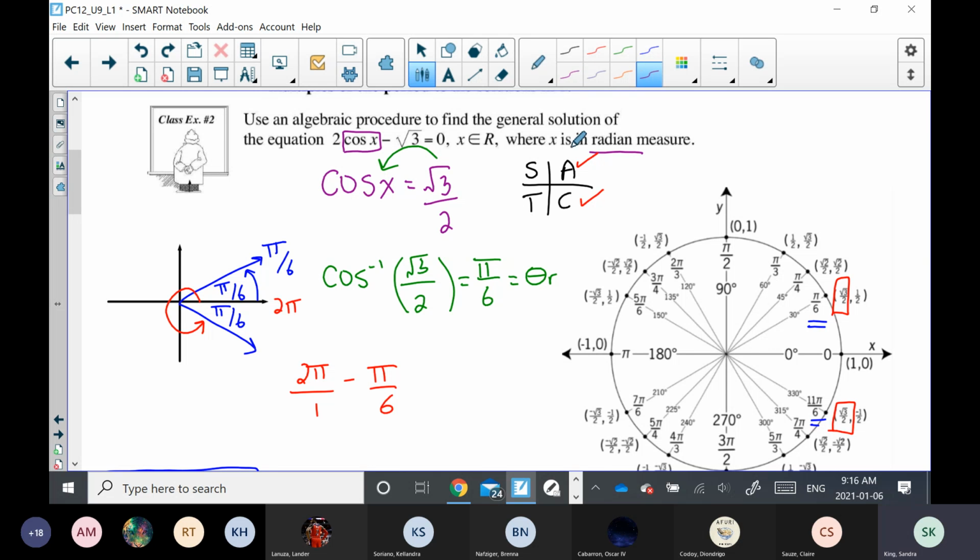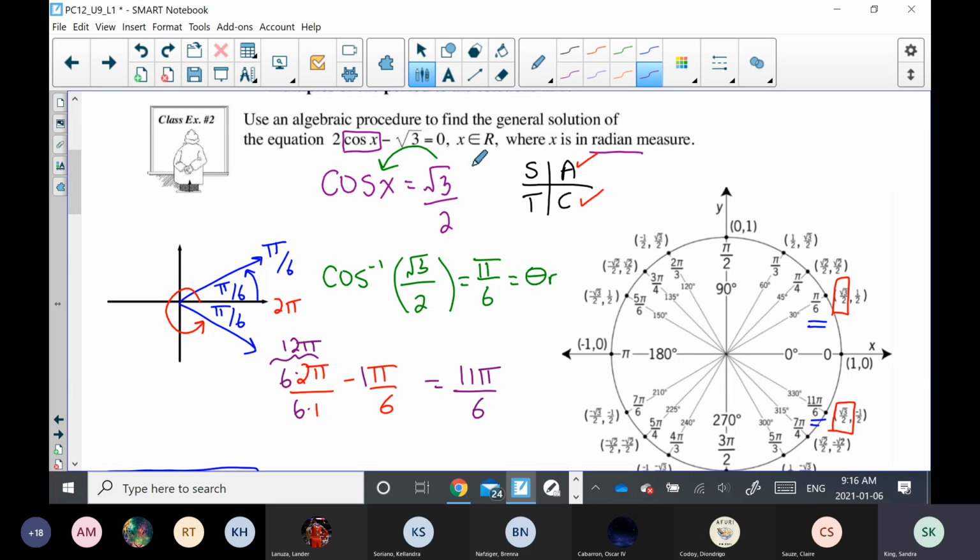We need to get common denominators, so multiply this by 6, multiply this by 6. 12 pi minus 1 pi is 11 pi/6. So that's how I would algebraically show my work.